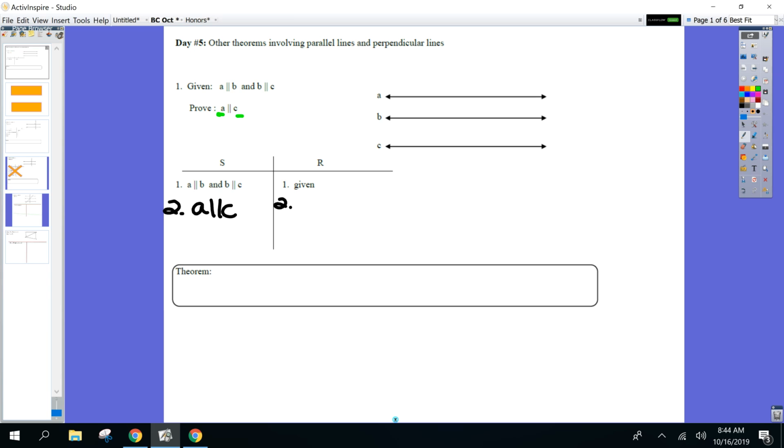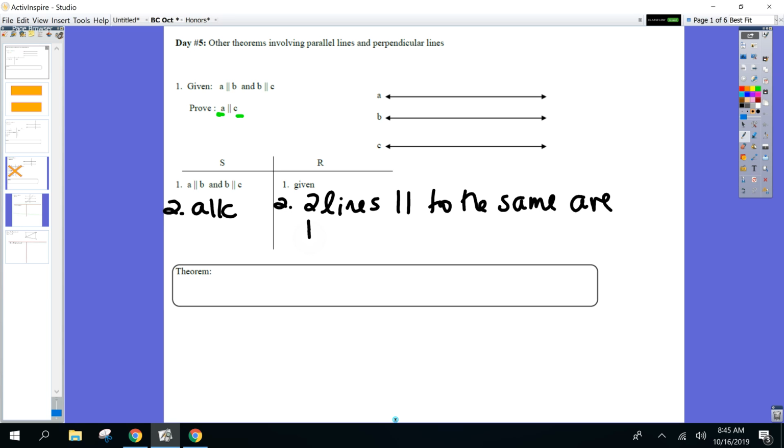So here's the theorem. I have 2 lines. What can you tell me about the 2 lines, A and C? Parallel to 2 lines parallel to the same line. That's what I was given. 2 lines parallel to the same line are, and what's the conclusion?